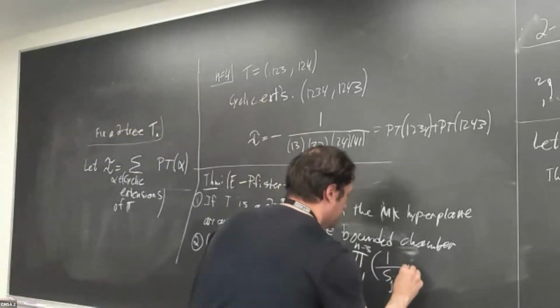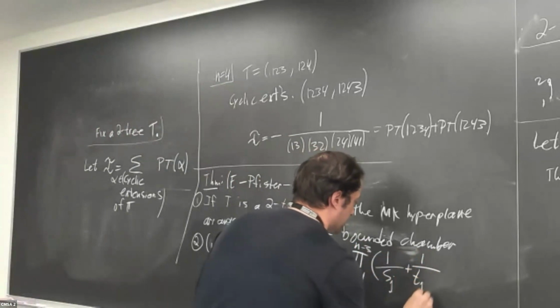I'll write it schematically: 1 over Sj, 1 over Tj.